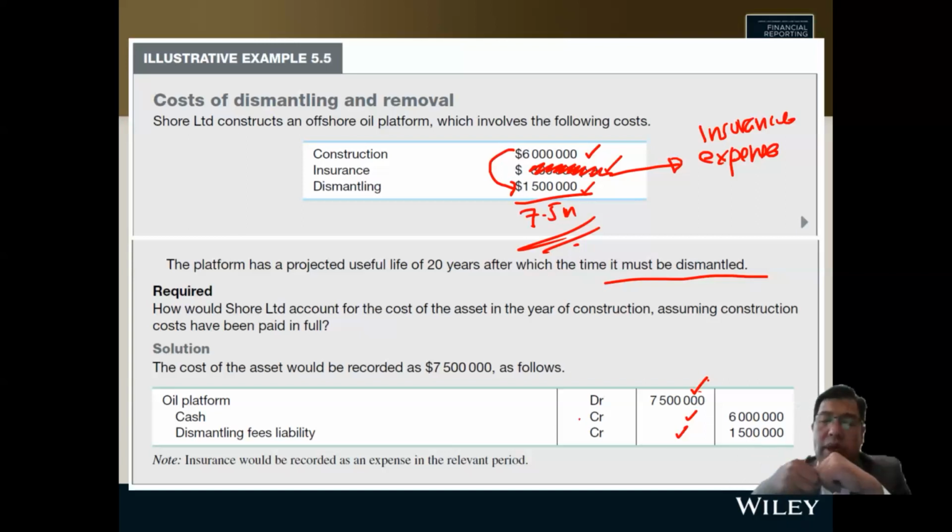So it should go to the statement of profit or loss and other comprehensive income. For the other two costs, the 6 million and 1.5 million, that will be our offshore oil platform cost. So I'm going to debit offshore oil platform cost 7.5 million, credit 6 million cash paid, and the balance 1.5 million will be considered as dismantling fee liability.